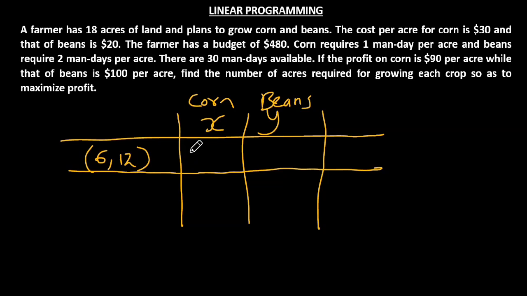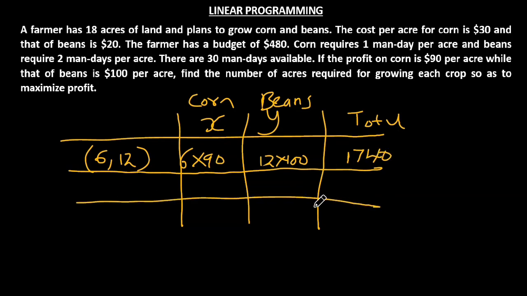If I say 6 times 90, and then I also have 12 times 100, my sum total should come up to 1740.